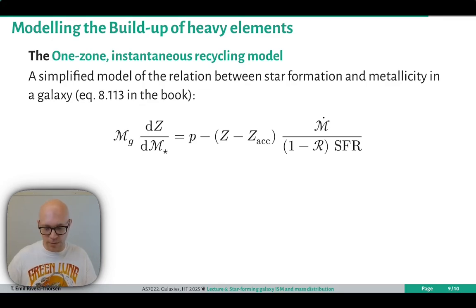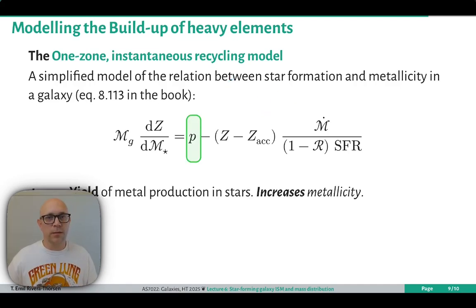This leads to the model that we can see here, which is also seen as equation 8.113 in the book, where you can also see the derivation of this model. Let us take a look at the left side of the equation.